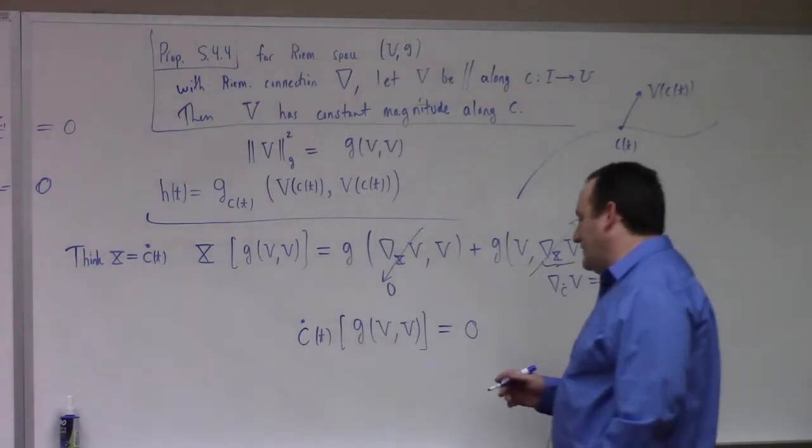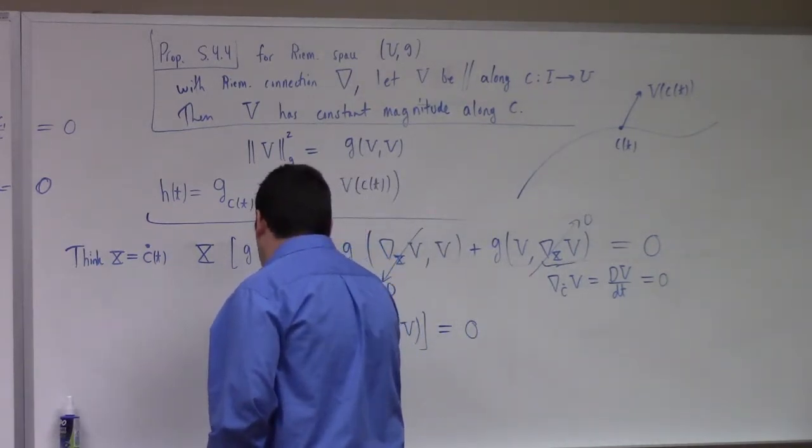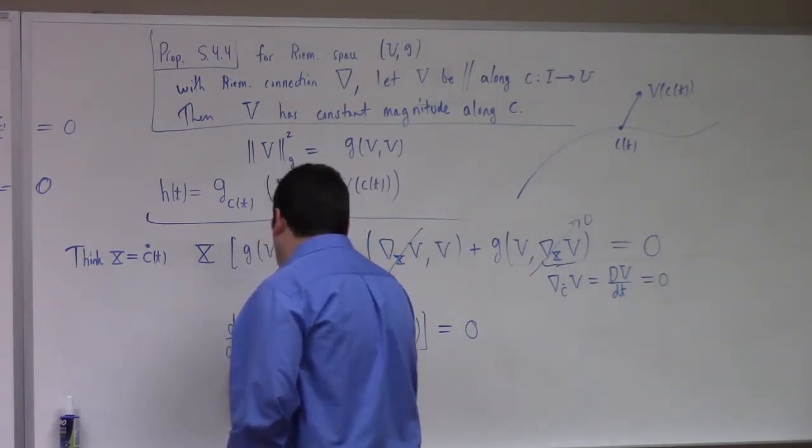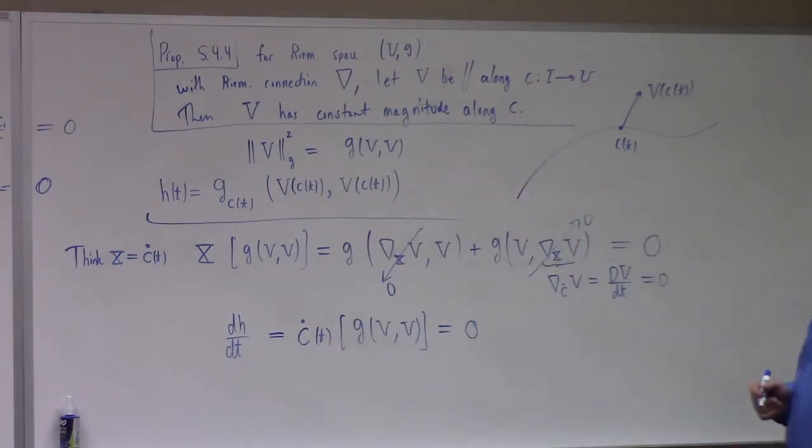Yeah, I mean, he pretty much says that this is equal to dh over dt. He says by the chain rule, but he writes it as X rather than c dot. Anyway, yeah.